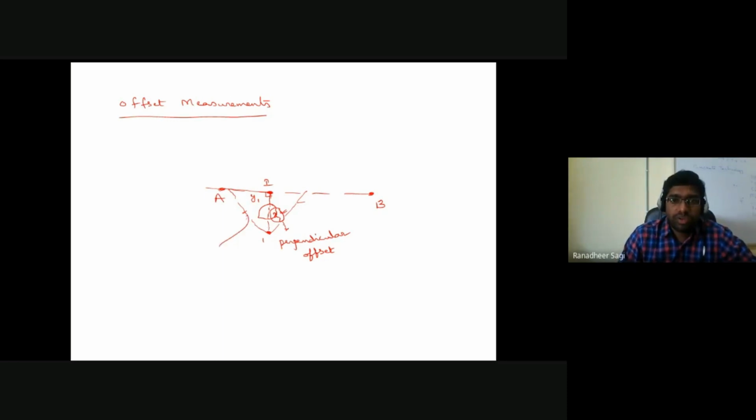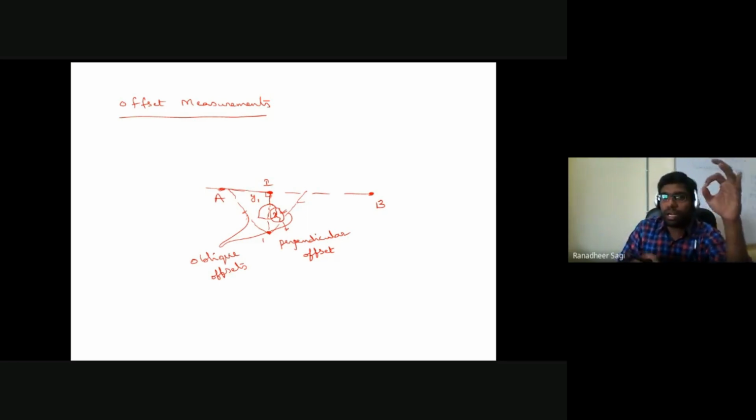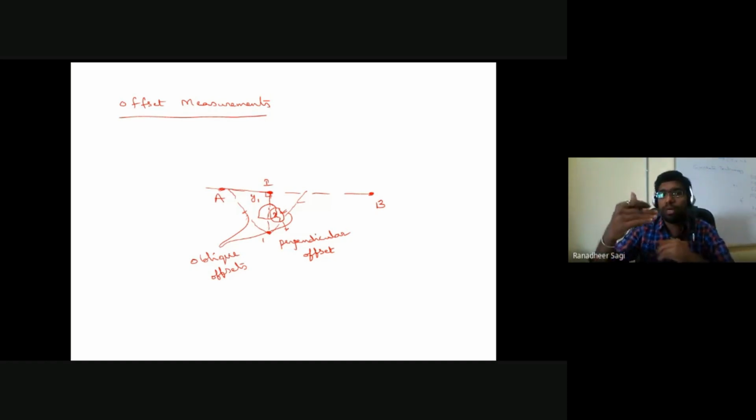We go for these offsets in case you are not able to exactly set out your perpendicular offset for measuring the distance between point I and point 1. Okay, so this is how we take offset measurements. It may not always be possible to set out and measure the perpendicular offset distances. In such a case, you can go for what are called oblique offsets.